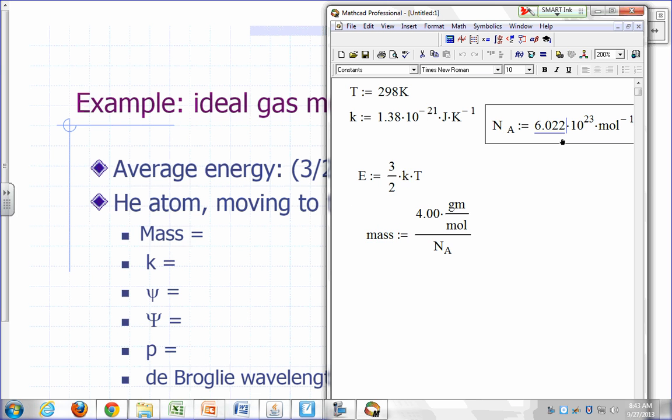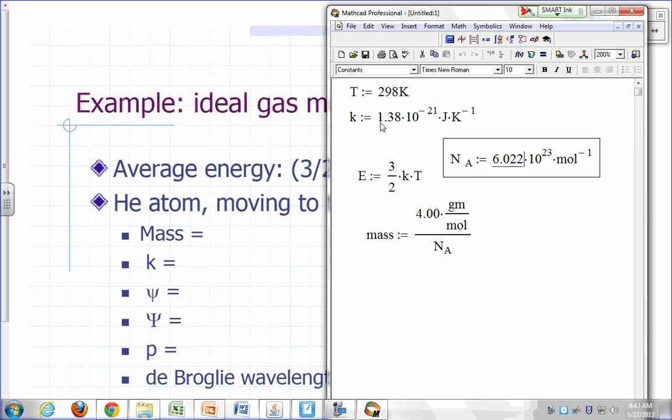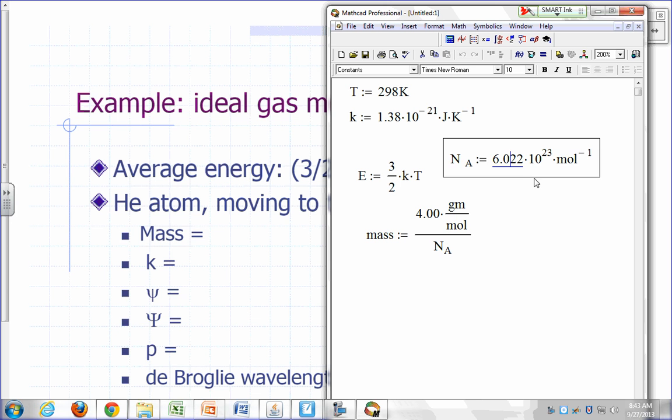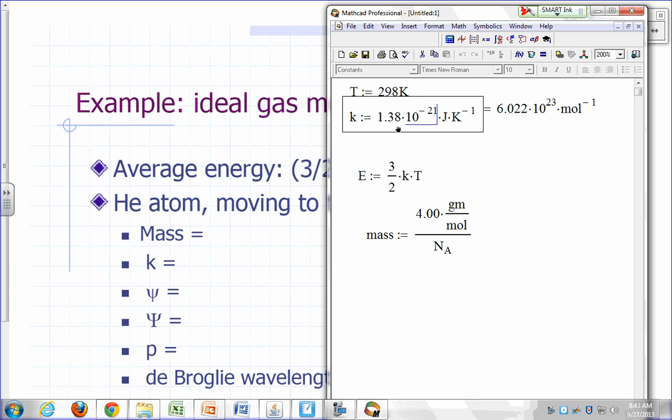I could never remember that. I prefer to remember it as R over Avogadro's number. So let me redefine it as R over N sub A. And R is 8.314 joules per Kelvin per mole.